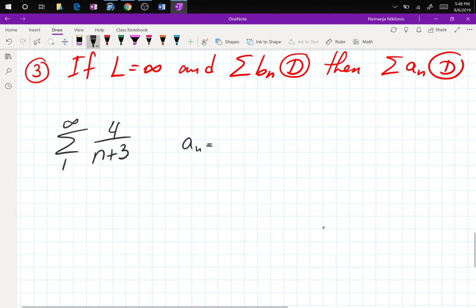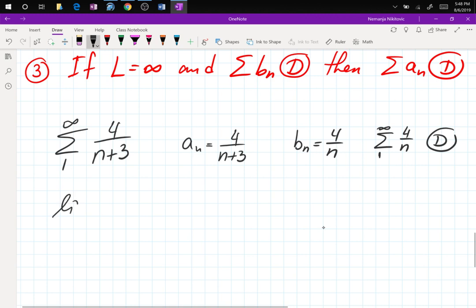We extract an as 4 over n plus 3, and since this reminds us of a P series with a harmonic series, right? We say Bn is 4 over n. Now we know that the summation of 4 over n diverges because of the P series, or integral test, or harmonic, whatever of the three you come up with.